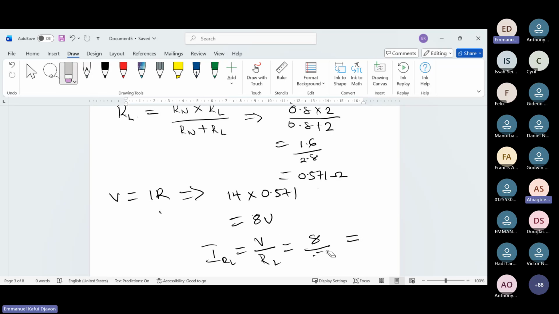So over 2, what will we get? 4 amps. 3.99 is still 4, because you approximate it. It is the rounding of the numbers. Some people are not rounding the numbers. If you round, you get your 4.